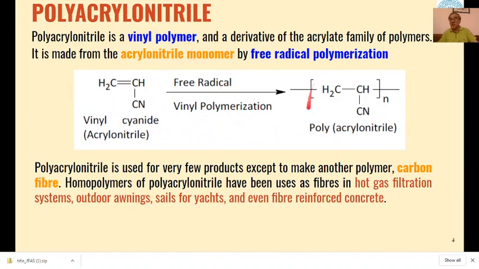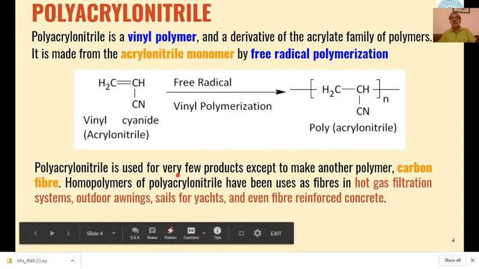So this type of polymer is formed by free radical polymerization of this carbon-carbon double bond, which first gives us a free radical from this monomer on reaction with a free radical initiator, and then that free radical changes into a macro free radical, and then termination takes place to give us this saturated polymer, which is called polyacrylonitrile.